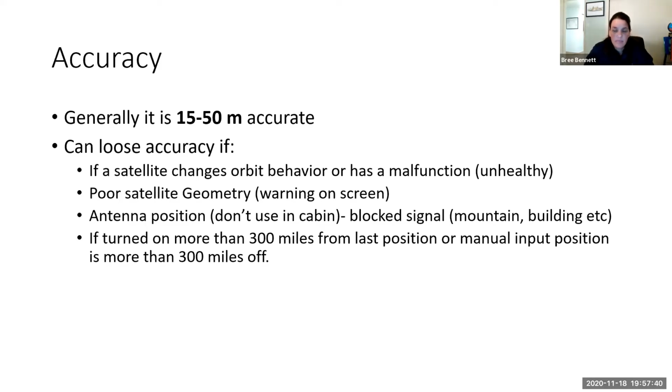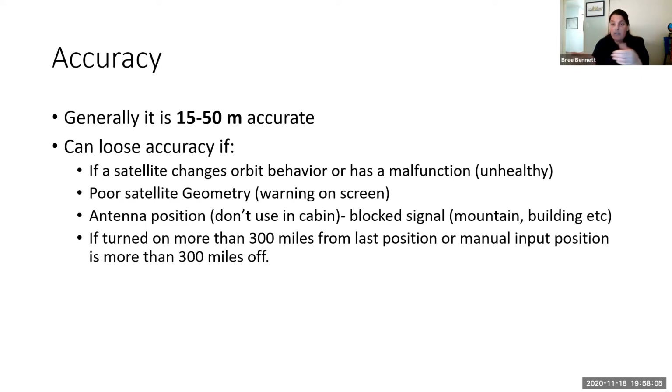And if you have a handheld GPS, this happens frequently if you're flying around. If you turned it off more than 300 miles past your last position, you need to manually input where you are so that it can correctly find the satellites and get your correct position.